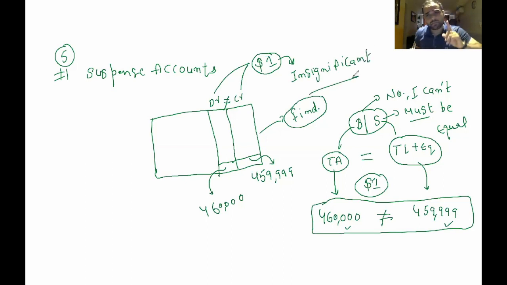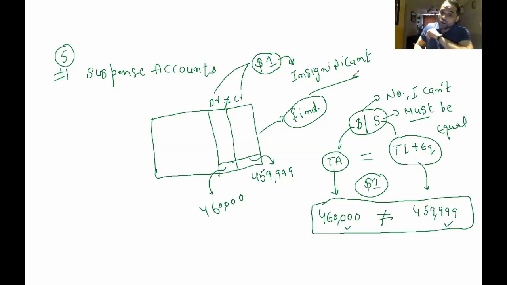It's a very small number. Because of this $1, shareholders are not going to lose their money, because compared to $460,000, $1 is a very small number. This $1 difference is not going to have a big impact on the shareholders' decision, right? If we hide this $1, they're not going to lose their money, right?